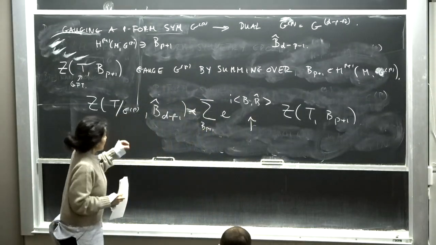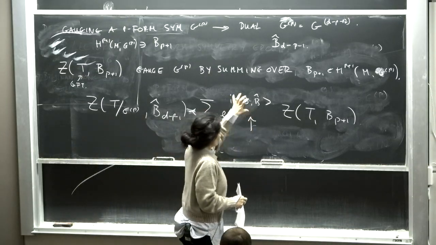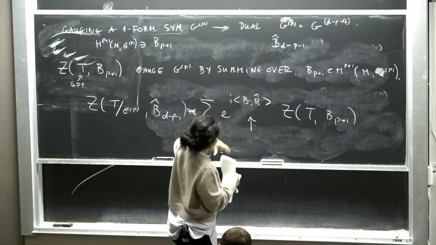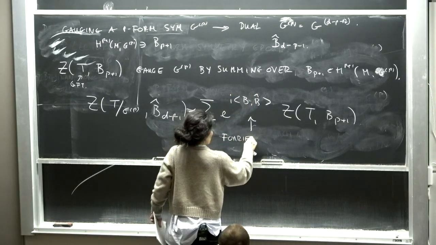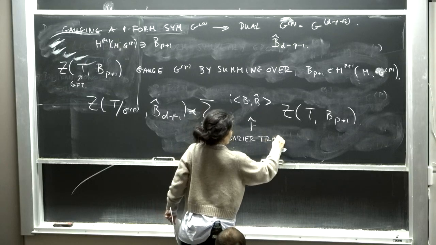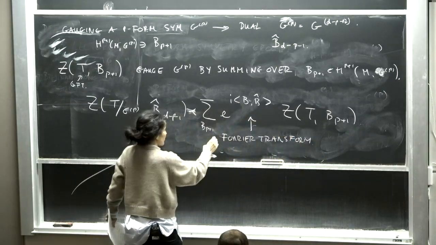You can think of b and b hat like you're doing a discrete Fourier transform, and this is your e^{ixp}.